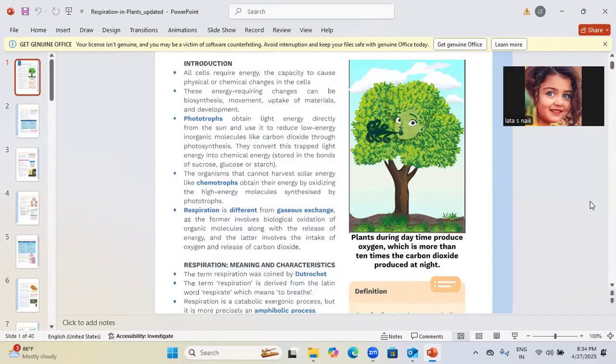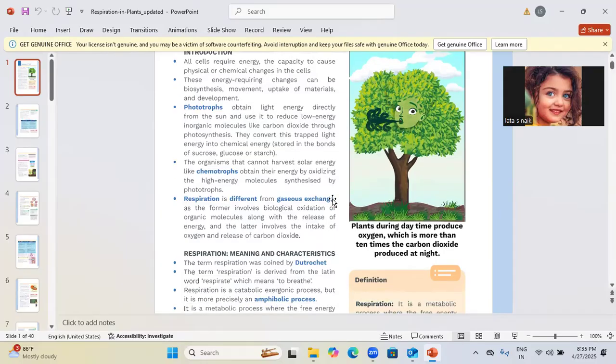They convert this trapped light energy into chemical energy stored in the bonds of sucrose, glucose, or starch. The organisms that cannot harvest solar energy, that is, chemotrophs, obtain their energy by oxidizing the high energy molecules synthesized by phototrophs.